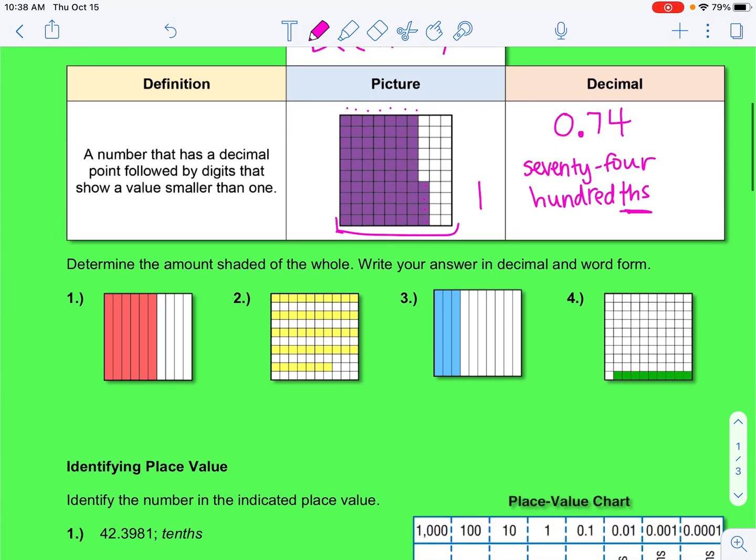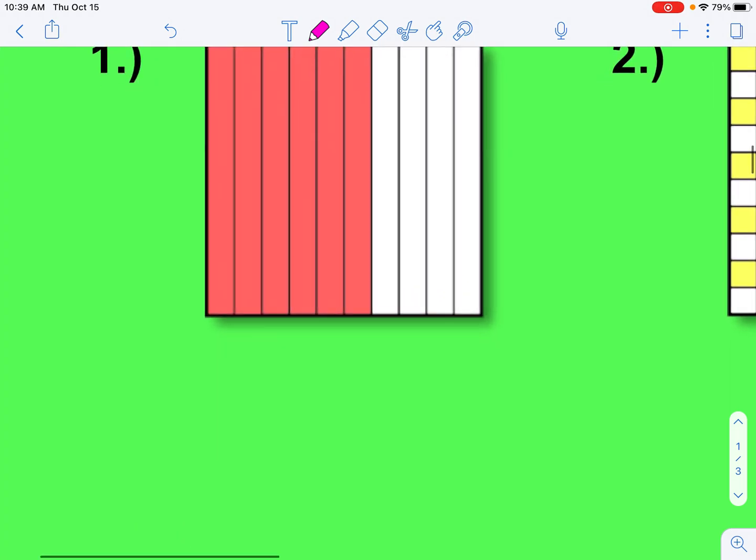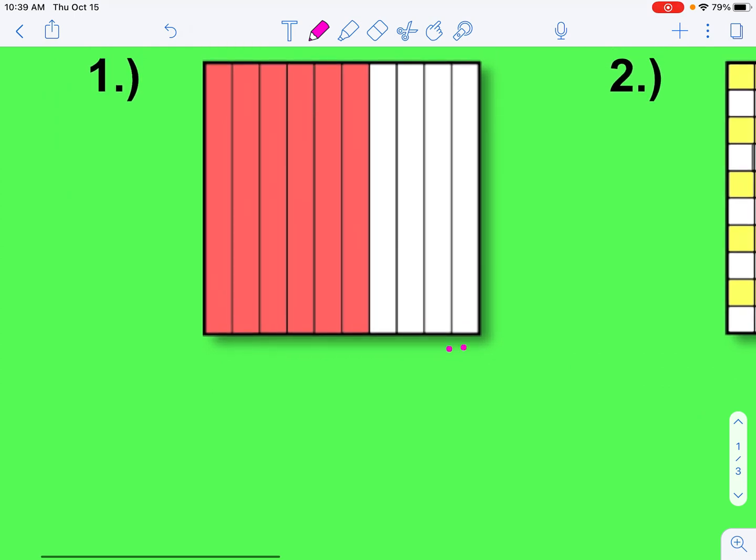Okay, so let's try number 1 through 4. We need to determine the amount shaded of the whole, and then write our answer in decimal and word form. So if we look at number 1, I see that this is split into tenths. If you count all of them, it gives you 10. So we're going to count how many are shaded. So I have 1, 2, 3, 4, 5, 6.